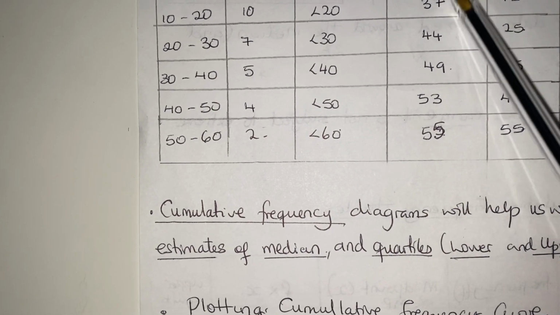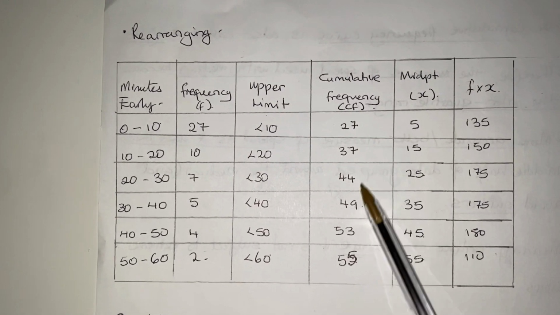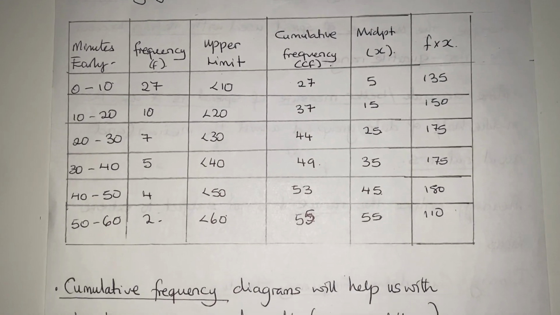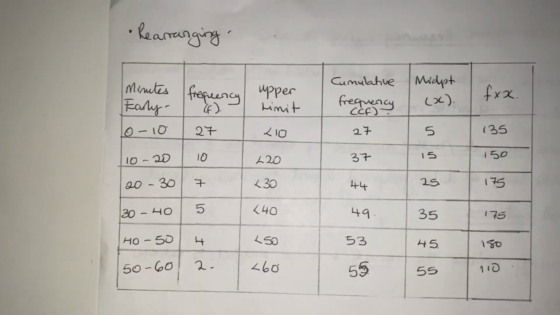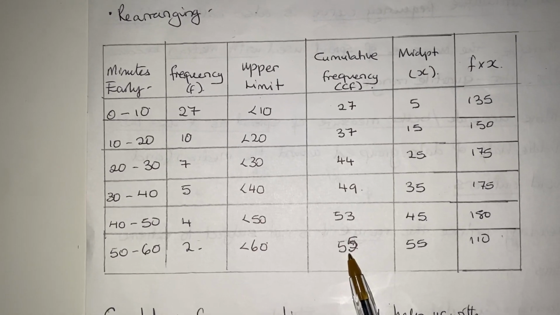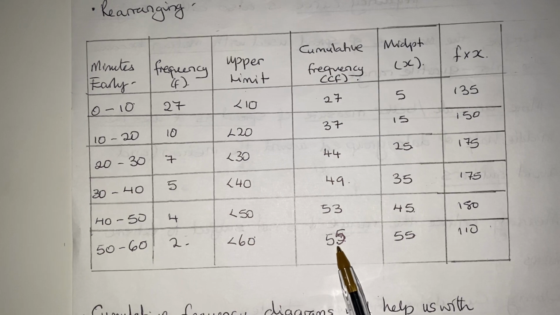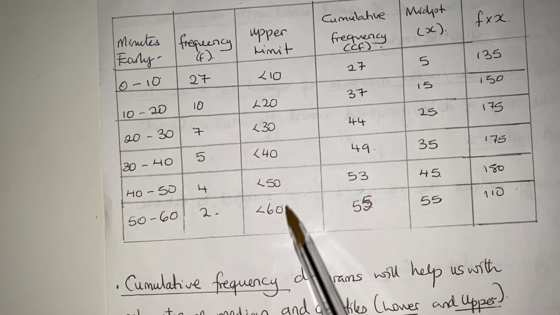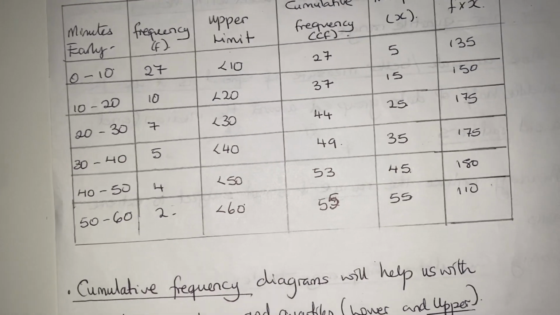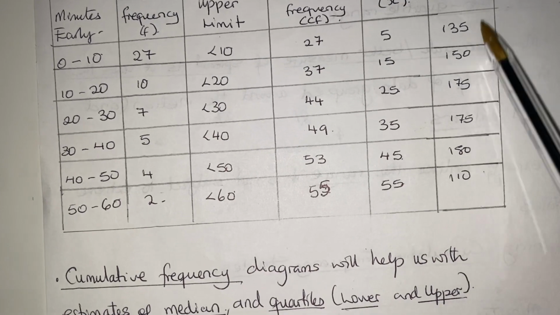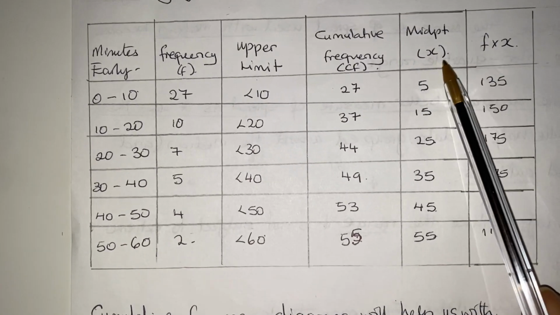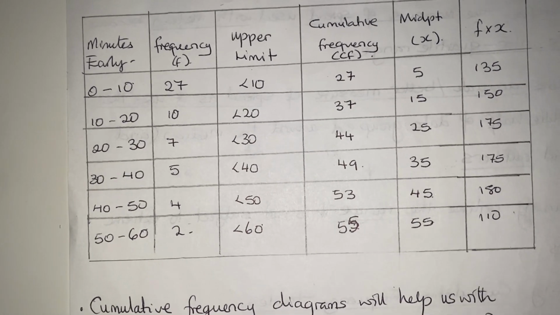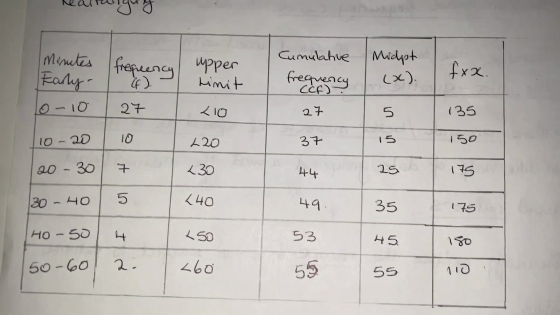So the cumulative frequency column goes on your y-axis, and then the upper limit goes on the x-axis. We are doing the landscape thing, so I'm trying to adjust my hand several times. Now the other two columns are used when you are finding the mean, which we'll get to, assuming the question asks you to find that.